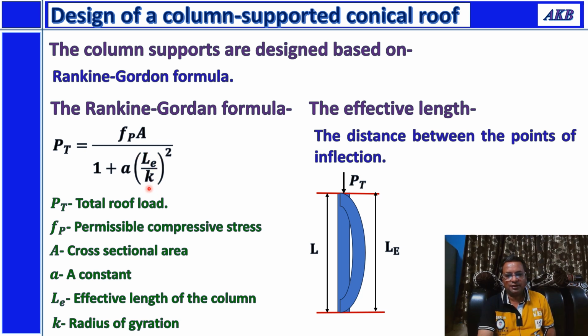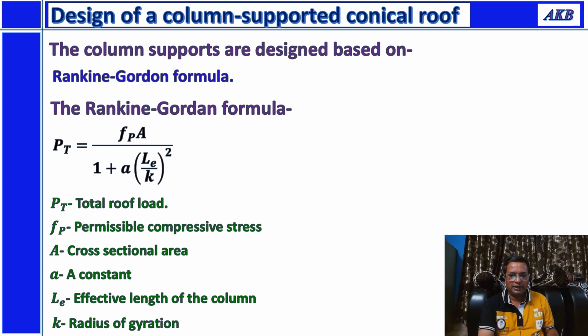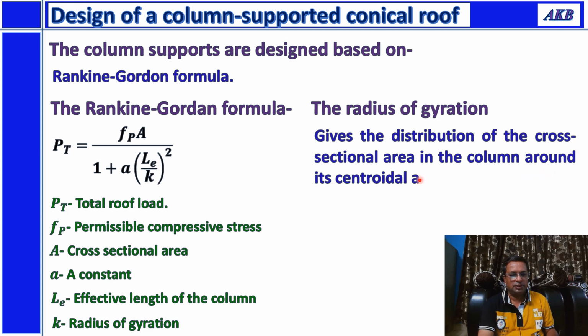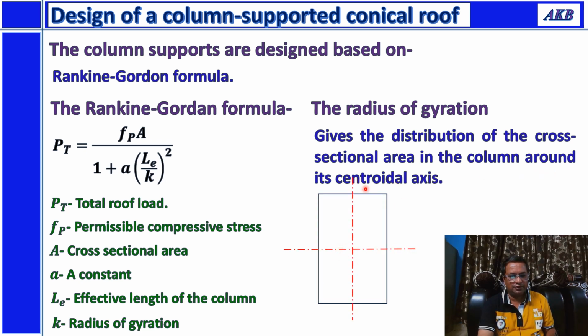One more parameter in the equation is the radius of gyration. What is this radius of gyration? It gives the distribution of the cross-sectional area in the column around its centroidal axis. If you represent a column where the horizontal and vertical axes meet each other, you have the centroid there, and this will be the centroidal axis. So the radius of gyration gives the distribution of the cross-sectional area about the centroidal axis.